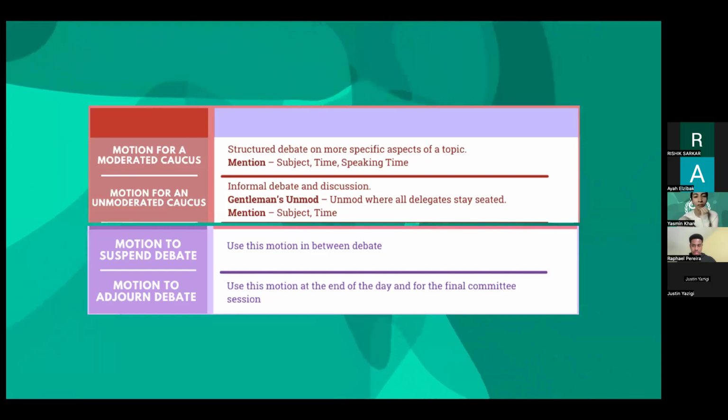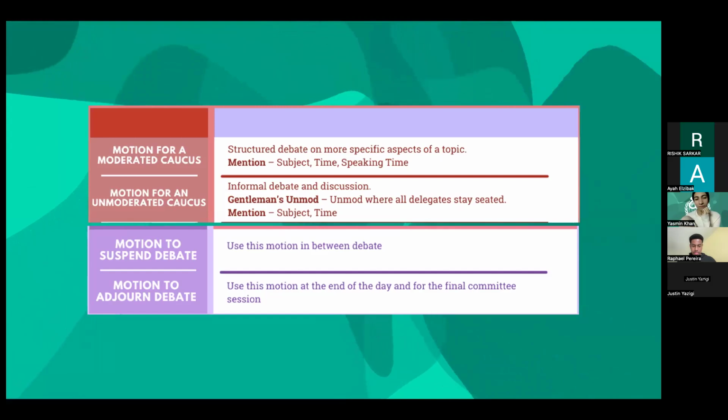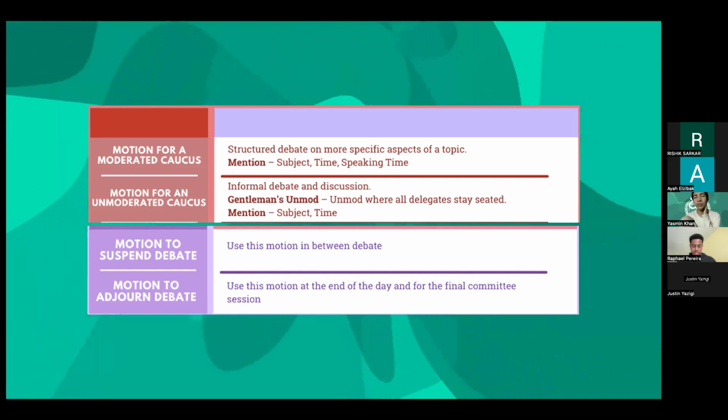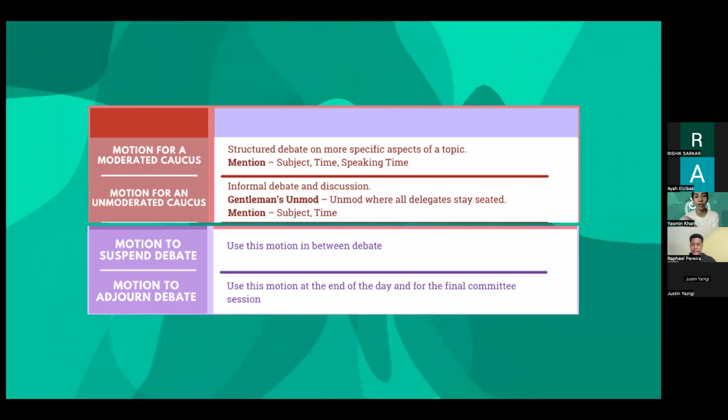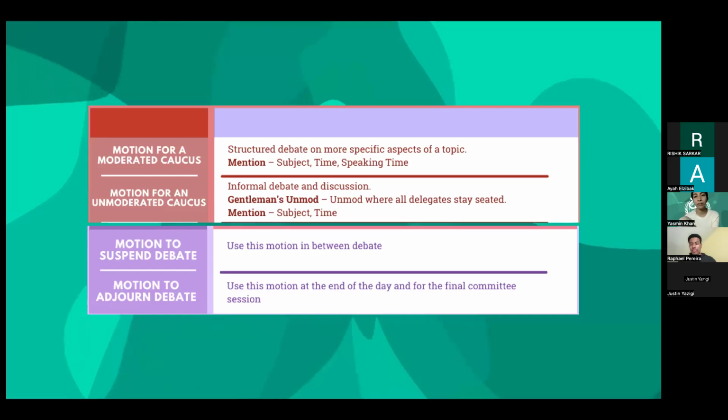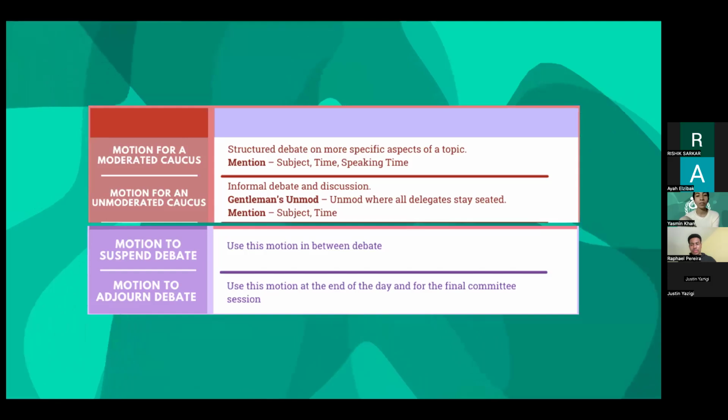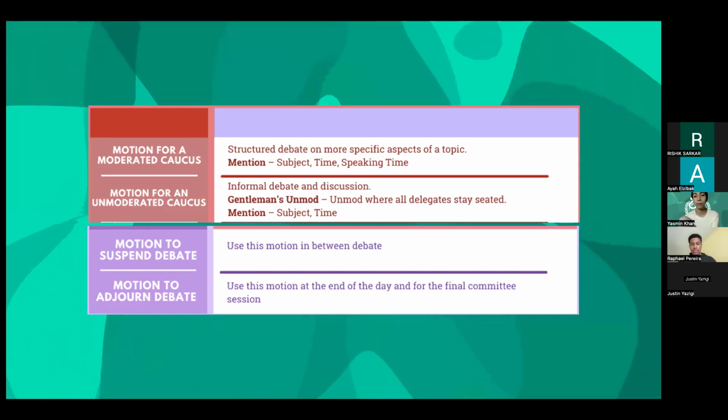Someone had a question. Is there a certain limit to how many times the moderated or unmoderated caucuses can be called, except for the time limit? Definitely not according to parliamentary procedure, but it is up to your chair. The chair is the moderator, so they're in charge of letting mods or unmods be recognized, hearing people out and seeing what delegates want.